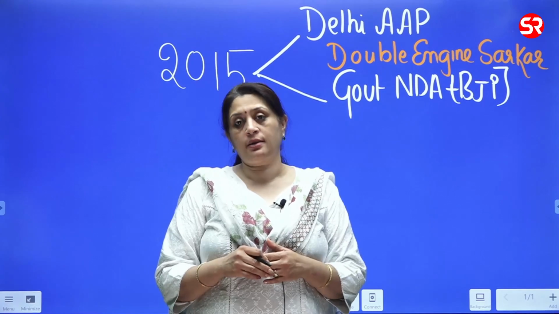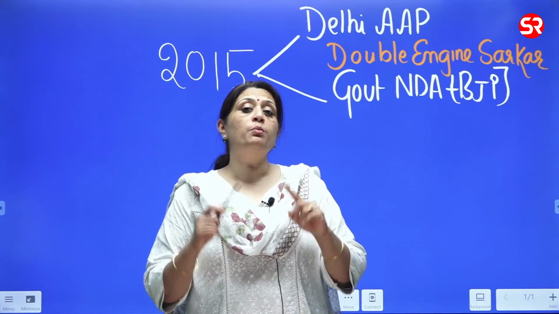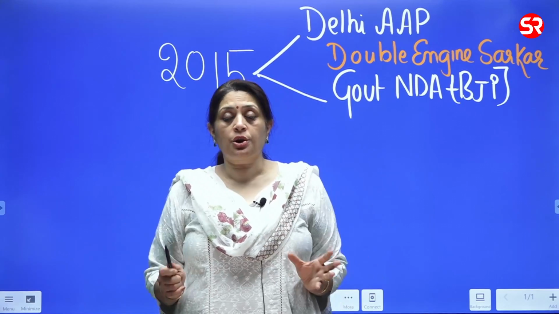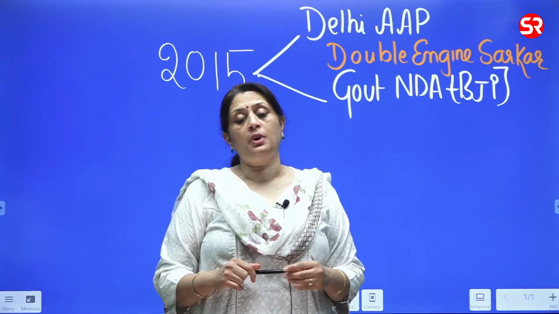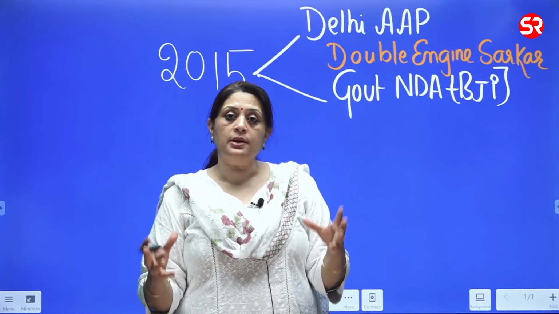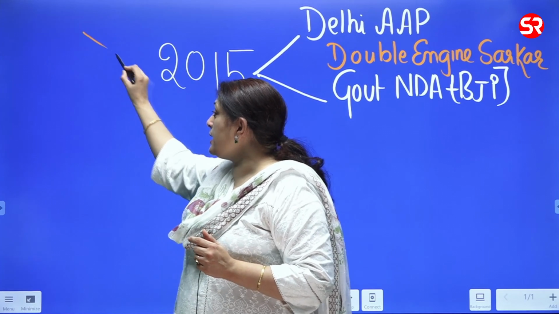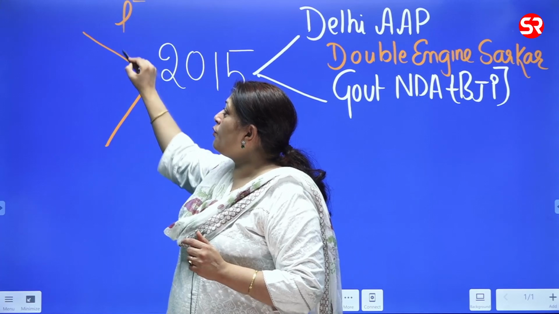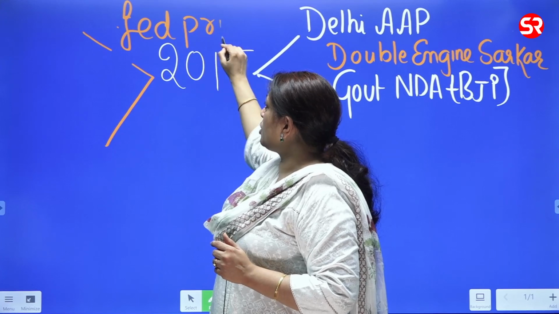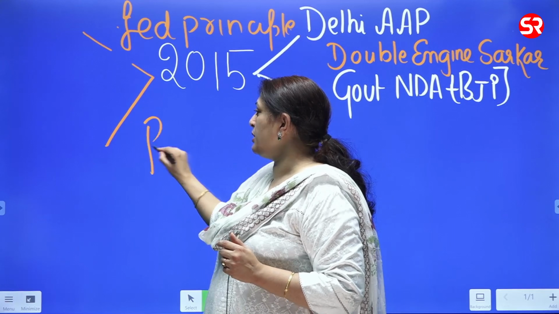To understand this, it is essential also to look into one more aspect, and that is how the basic structure of the Indian political system is organized, how our state structure is organized. And you all are aware that India's state structure works on two fundamental principles called the federal principle and the parliamentary principle.